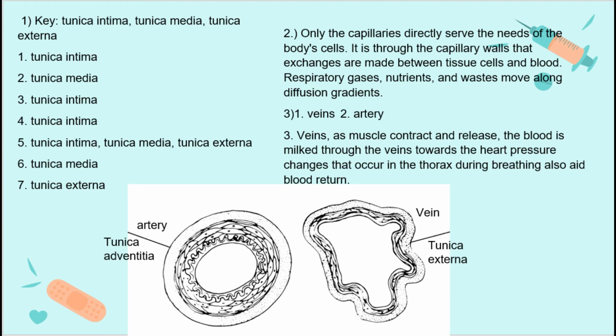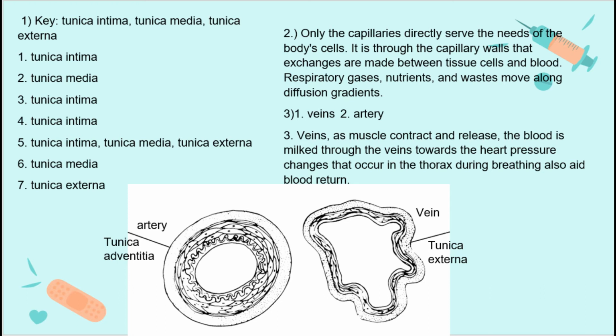Number 4, tunica intima, tunic of capillaries. Number 5, tunica intima, tunica media, tunica externa, tunics of arteries and veins. Number 6, tunica media, tunic that is especially thick in arteries. Number 7, tunica externa, most superficial tunic.